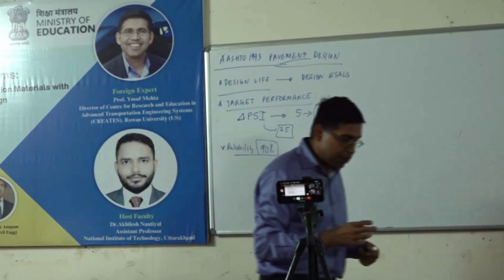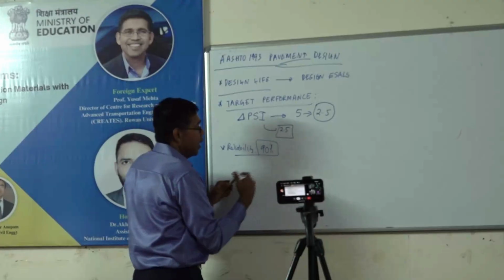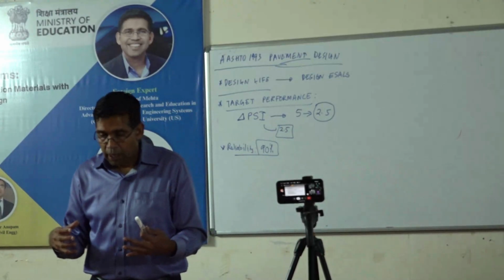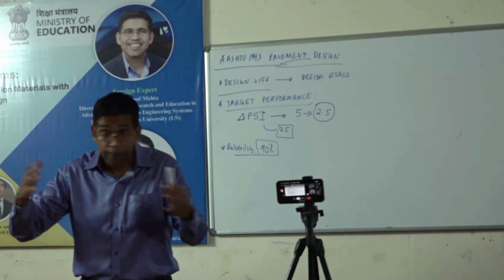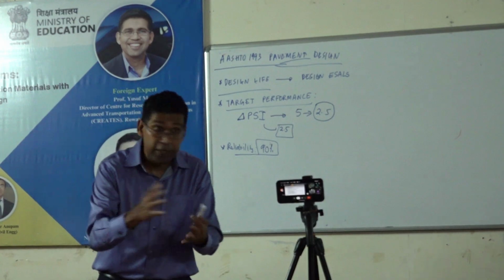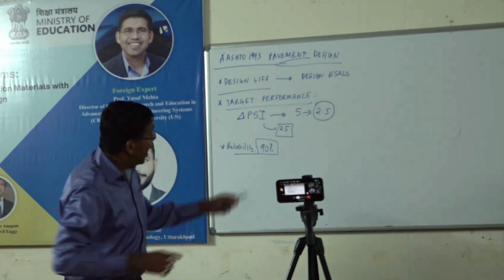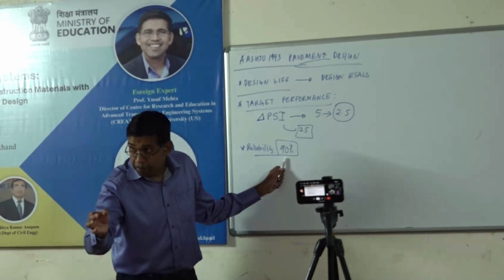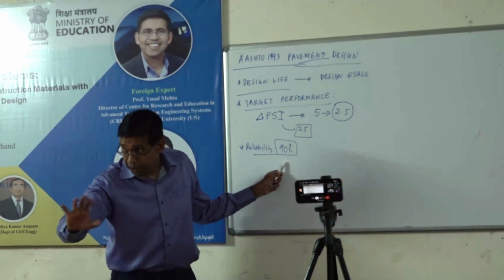So basically what this means is that if I increase this number, right, what I'm telling you is that with all the uncertainty of my input parameters, like my variability in traffic, variability in material properties, variability in many places, considering all the variability, if I take only 10% risk of failure, what should my design be? Understand this thing really clearly.